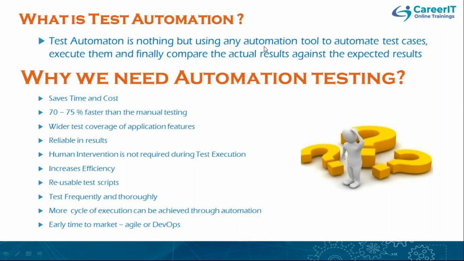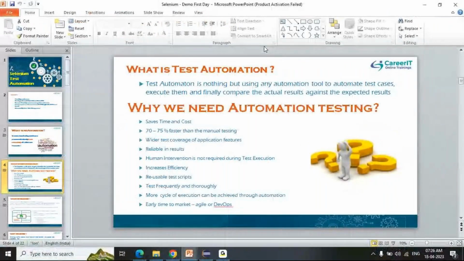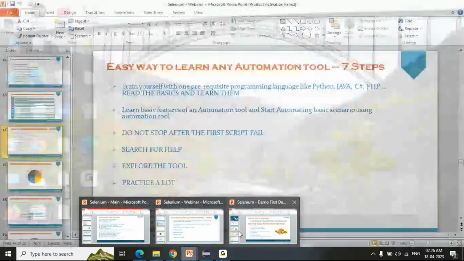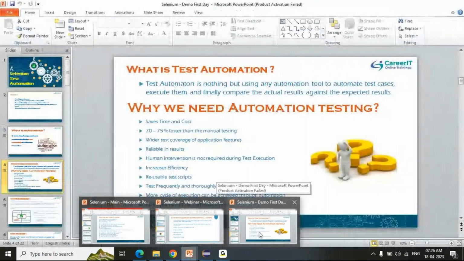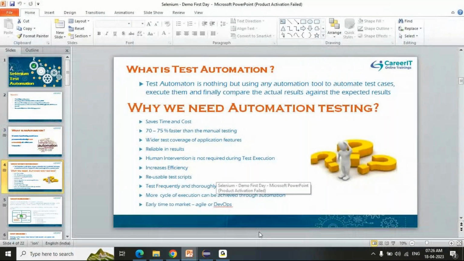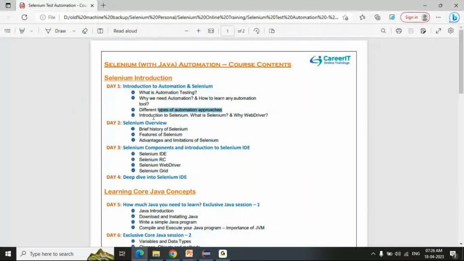Now let's try to understand the new topic today. Whatever I discussed in the last 10 to 15 minutes, we already discussed in the demo session also, but I just wanted to repeat. Now let's understand the different types of automation approaches, guys.